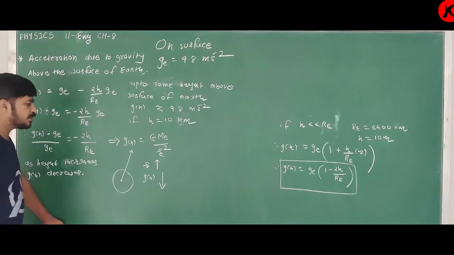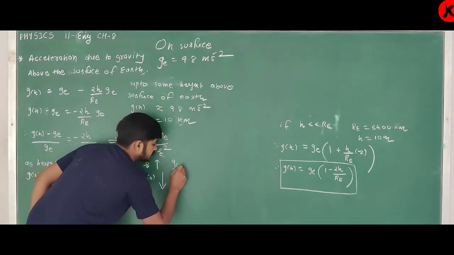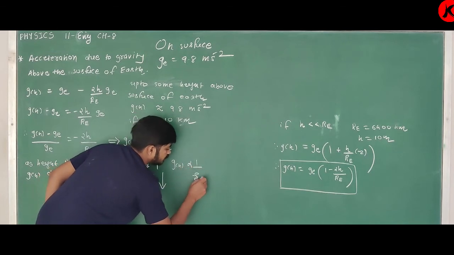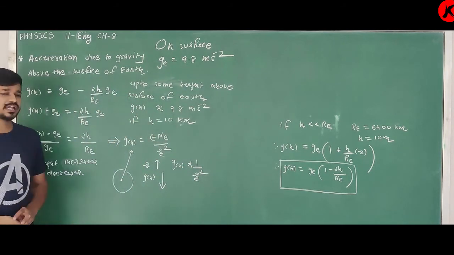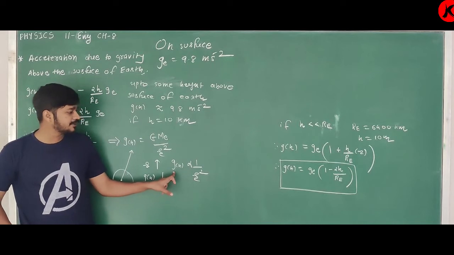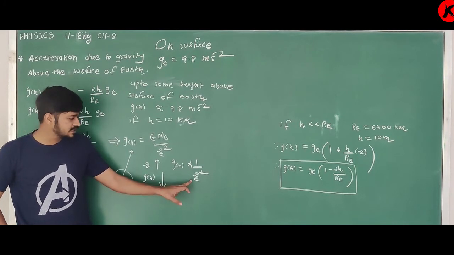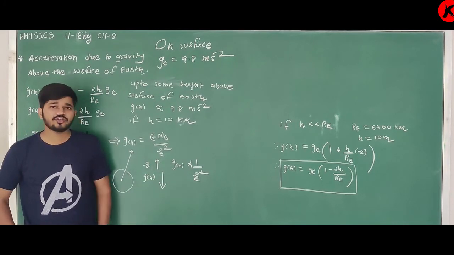So you have to remember one relation, that g_h is proportional to 1 upon R square. As distance increases, gravitational acceleration decreases.